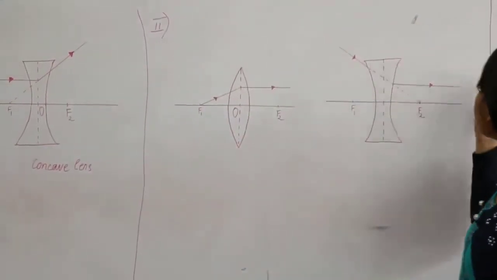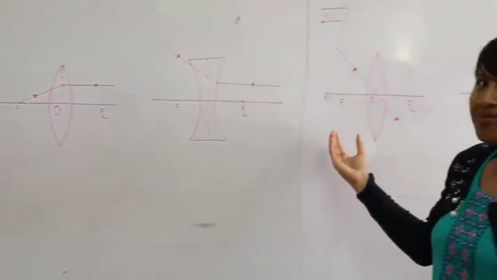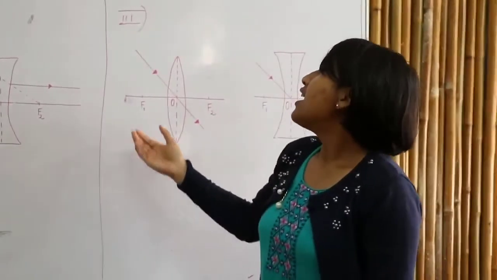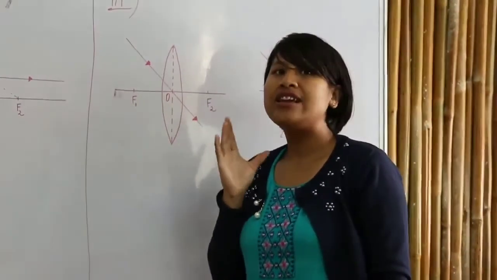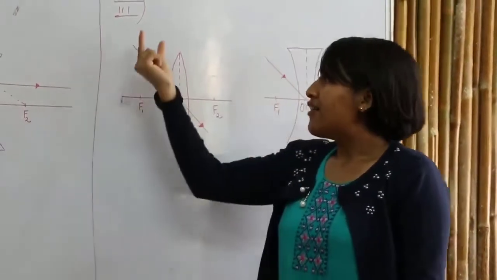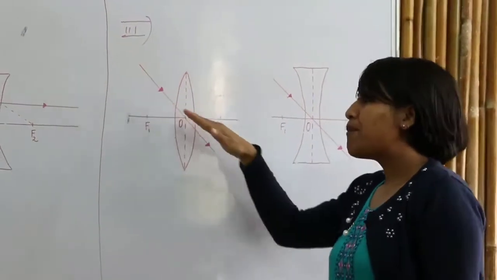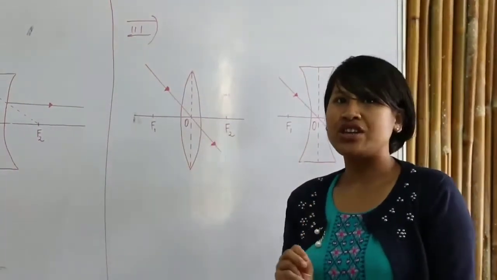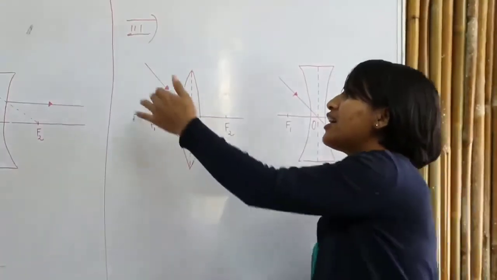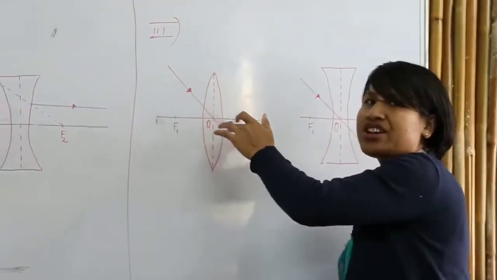Then the third rule: when we assume the lens to be thin, the ray of light passing through the optical center suffers no refraction, and as a result, there will be no deviation of path.